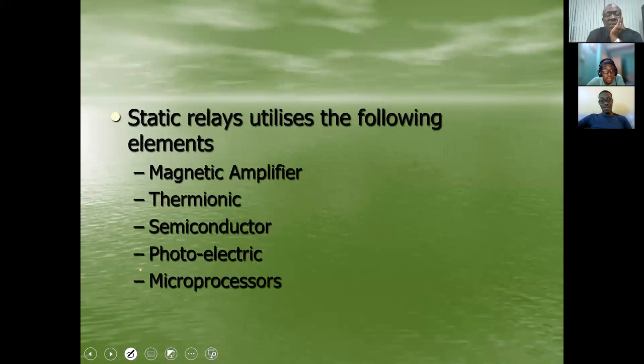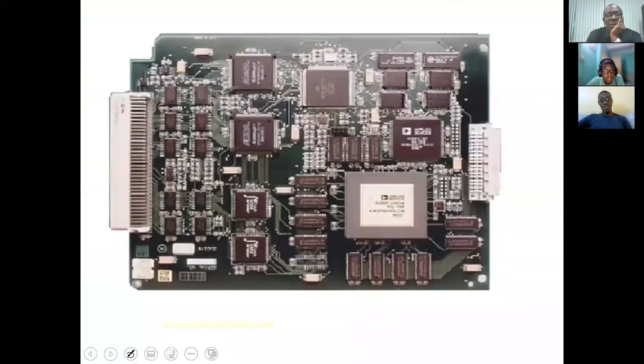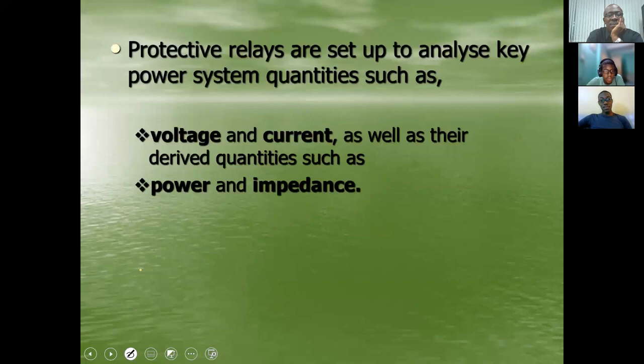So for your static, we're dealing with microprocessors. The protective relays, in terms of what they measure and what they respond to, we're looking at voltage, current, and of course their derived quantities.